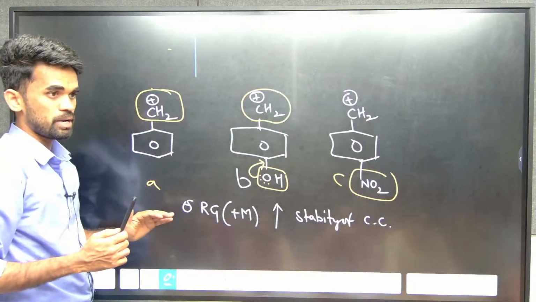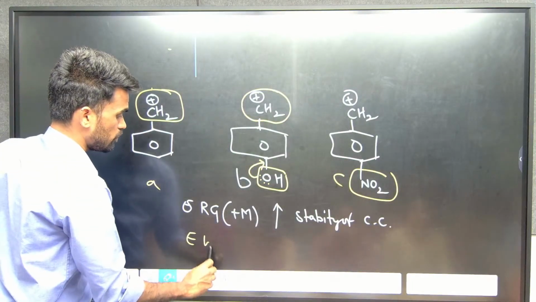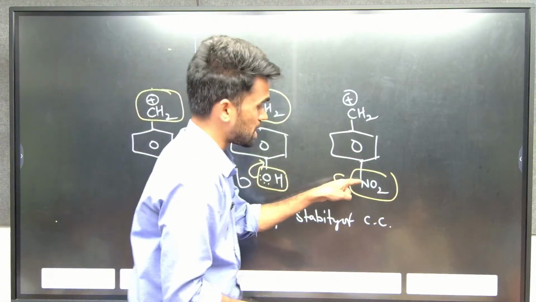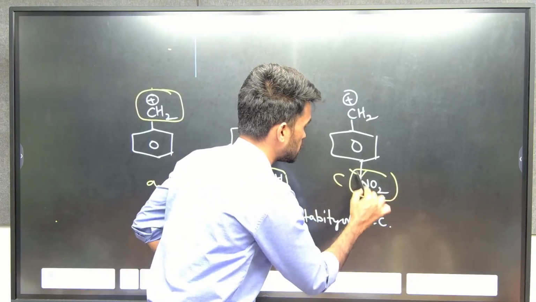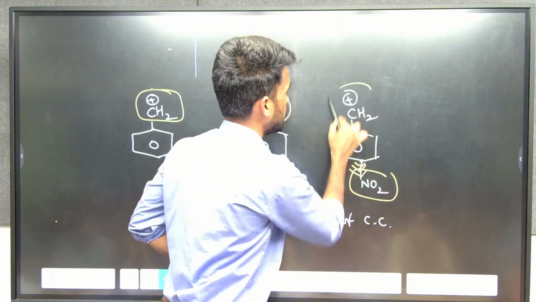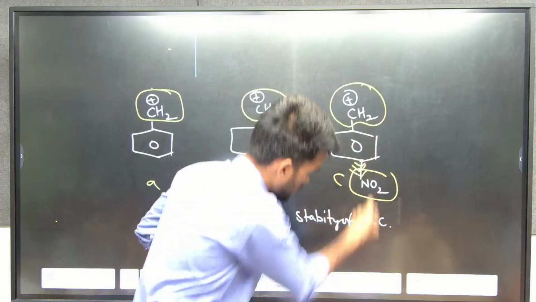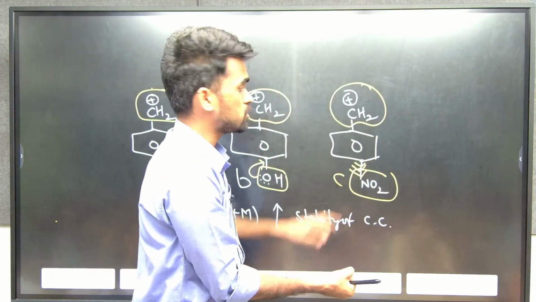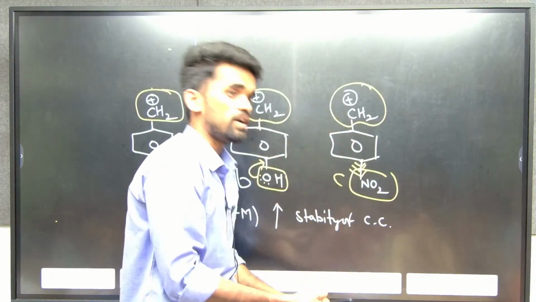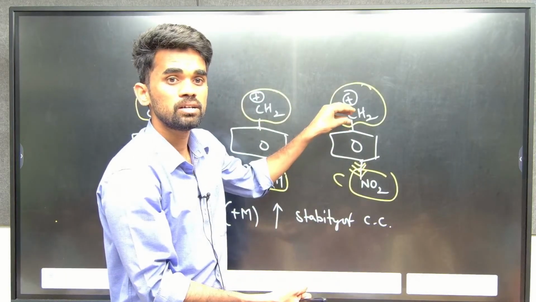Are you getting what I am writing? Whereas this fellow is an electron withdrawing group, he will only withdraw electrons from the ring. Already here it is electron deficient, and it is again dragging electrons. What happens to the electron density here? It further decreases, so stability decreases.